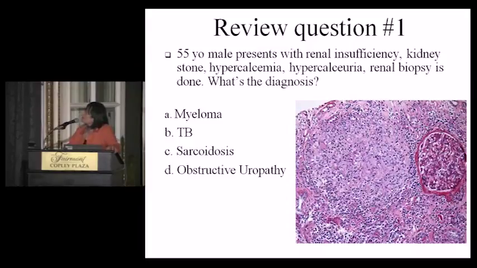Okay, so this is question 1. A 55 year old male presented with renal insufficiency, kidney stone, hypercalcemia, hypercalciuria. Renal biopsy is done, and what is the diagnosis? This is the pattern. A, myeloma, B, TB, C, sarcoidosis, and D, obstructive uropathy.